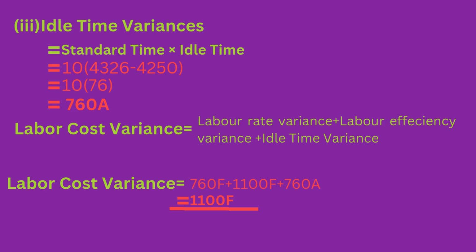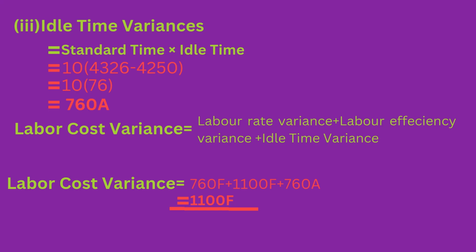Time paid is 4,326 hours, and the actual time worked is 4,250 hours. The difference is 76 hours. So it will be 10 into 76, which gives us 760. We said that idle time variance is always adverse, so it will be 760 adverse, A.